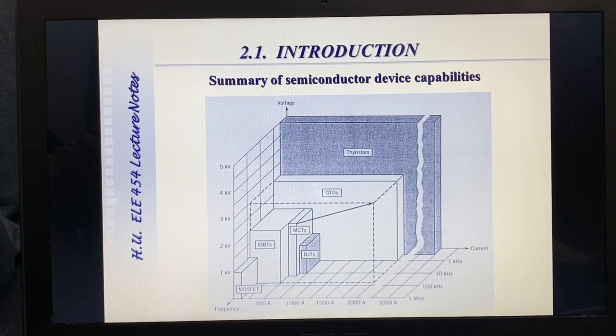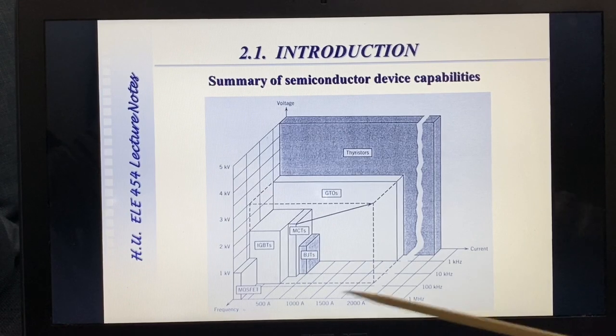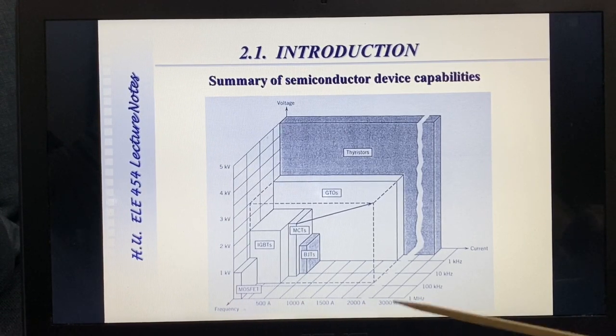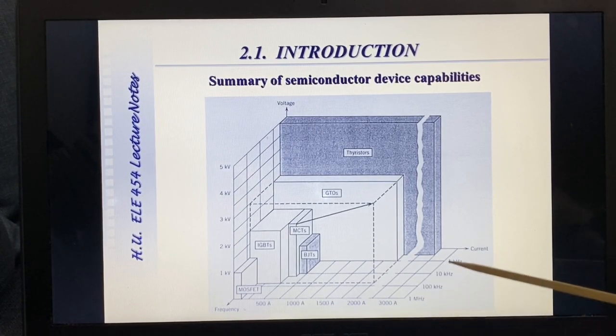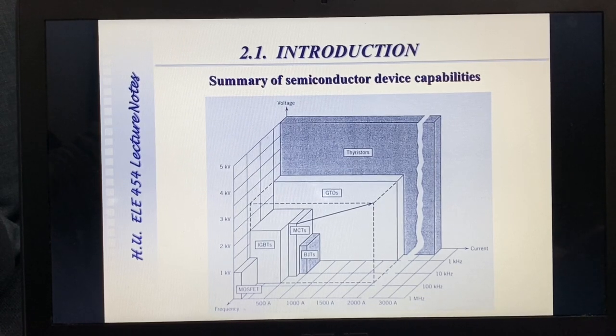in a three-dimensional graph, where the voltage rating is on the y-axis, 5, 4, 3, 2, and 1 kV, and the x-axis is the current rating up to 3000 amperes, whereas the frequency rating is starting from 1 kHz, 1, 10, 100, and 1 MHz in logarithmic scale.